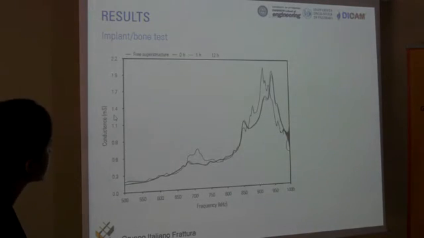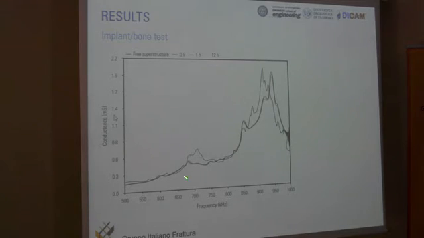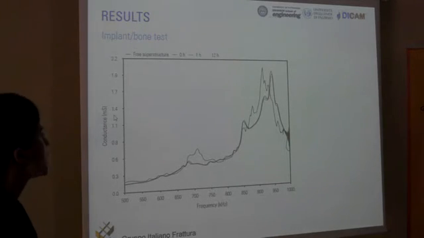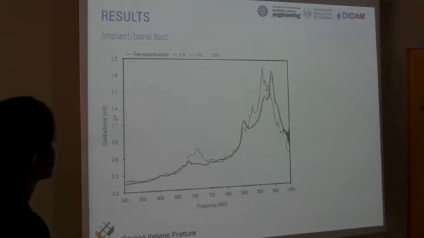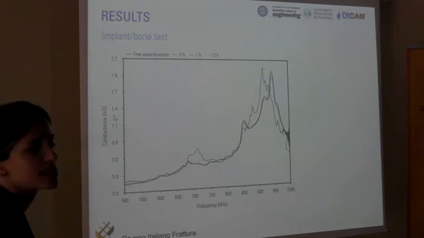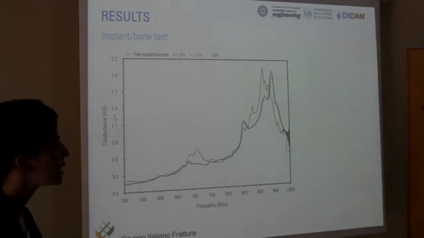And in this slide you can see the conductance as a function of the actuation frequency for the free superstructure, the black line, and at the time of the insertion, that means 0 hour, and after 1 hour, and after 12 hours. You can see that the main change is after the insertion, and this was somehow expected because the damping changed promptly.